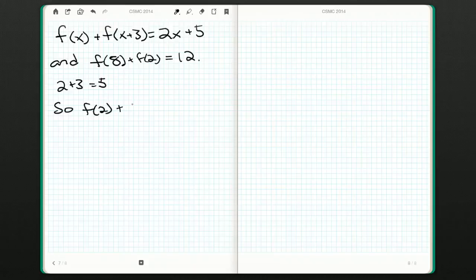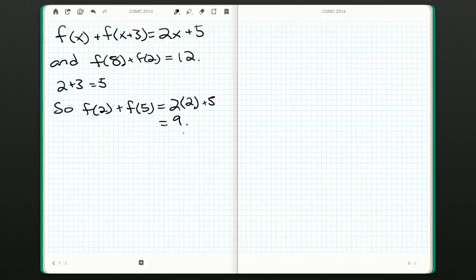So f of 2 plus f of 5 is going to be, well, we substituted x equals 2 in here. f of 2 plus f of 5, 2 times 2 plus 5, so that's 9. Okay. So we have f of 5, and we want f of 5. If we could figure out what f of 2 is, maybe it's 4, and we get f of 5 is 5, we'd be all set.